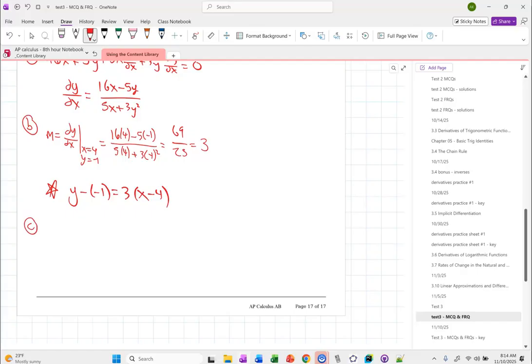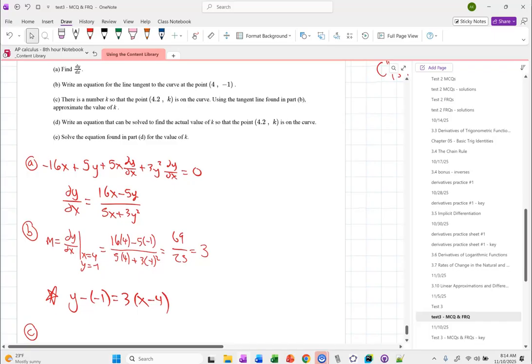So far, so good. Everybody like what we got into? Okay. C says there is a number k so that the point 4.2, k is on the curve. Using the tangent line found in part B, approximate the value of k. What do I have to do here? Just plug in 4.2 for x, right?